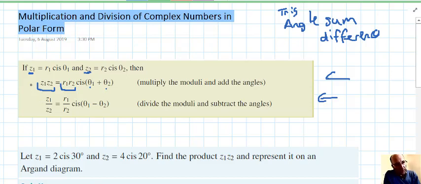The order doesn't matter with that one, but the order does matter with division. If it's z1 divided by z2, we have r1 over r2, and cos i sin of theta 1 take theta 2. So we divide the moduli in the correct order, and we subtract the arguments in the correct order. So please note that.